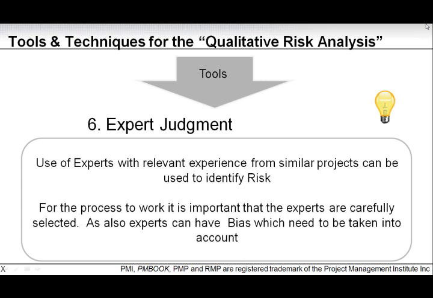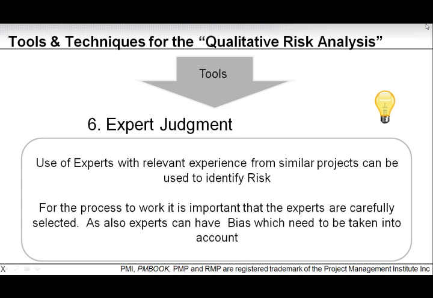Identifying risks is really the key purpose of the experts. It is to identify the risks as well as support the response to the risks, as well as the qualitative risk analysis of the priority and so on.